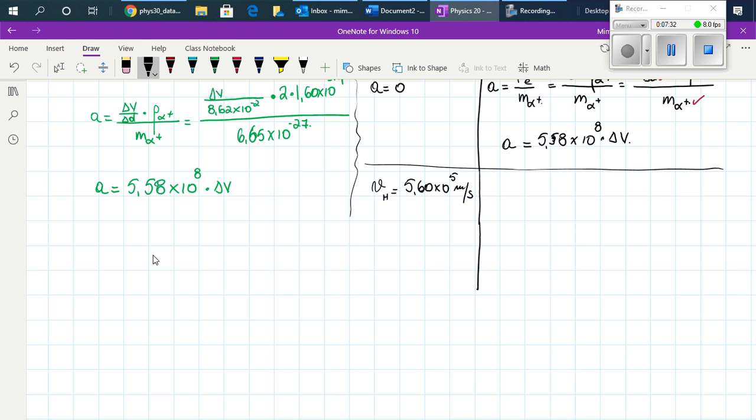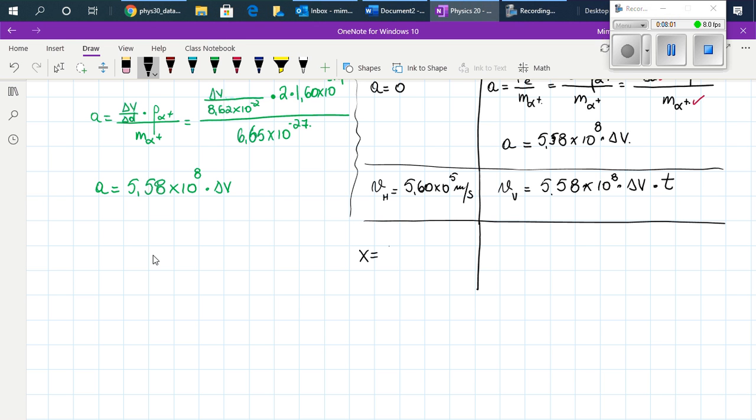And the vertical velocity, since the initial velocity component in the vertical direction is 0, will be whatever is acceleration times time. Now for acceleration, we have 5.58 times 10 to the power of 8 times delta V. This is just the acceleration times time. And then the last quantity is the displacement.